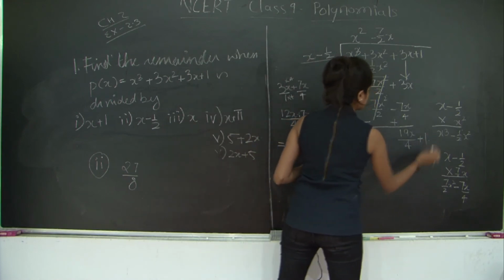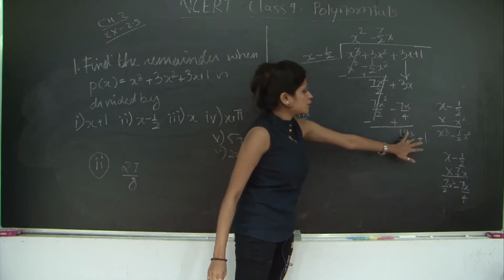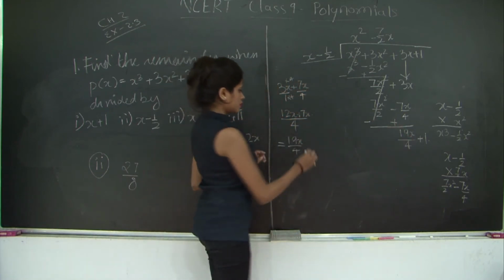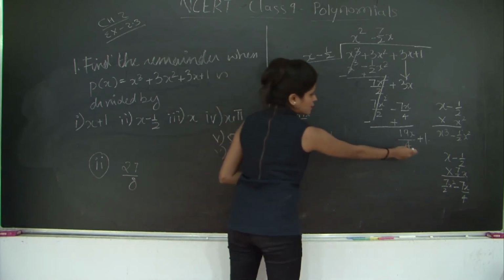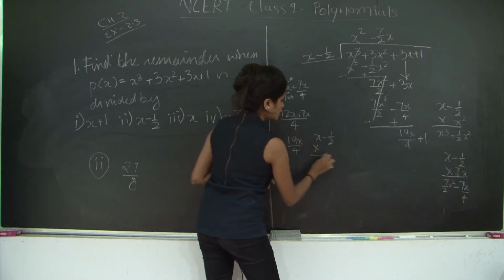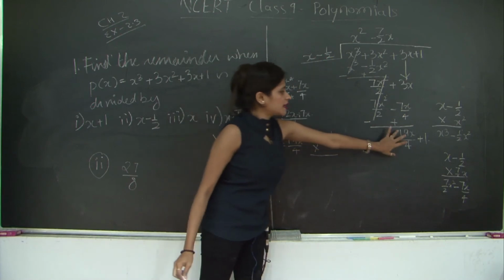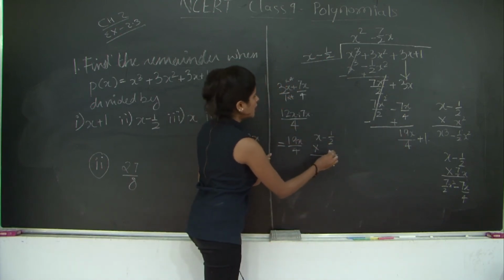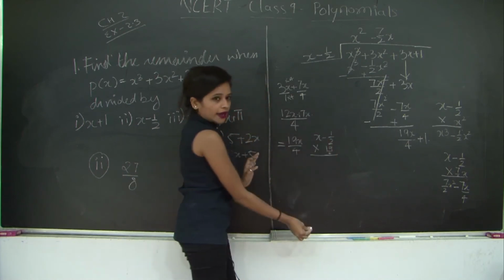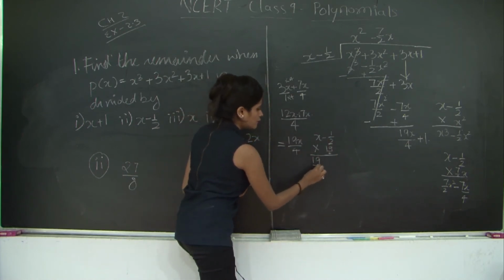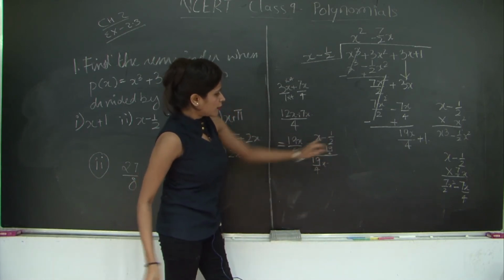Plus 1. Now x minus 1 upon 2 is multiplied by what is going to give me 19x upon 4. Let me do it here itself. We already have x, right. What we need is 19 upon 4. So I am going to multiply it by 19 upon 4. So 19 upon 4 into x gives me 19 upon 4x minus 19 upon 4 into minus half.